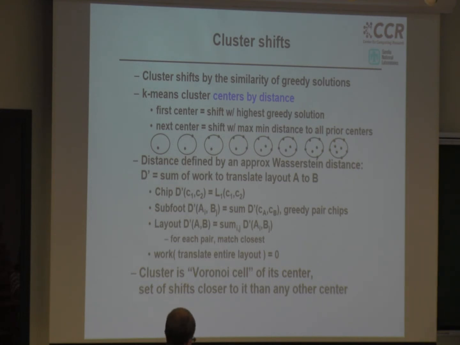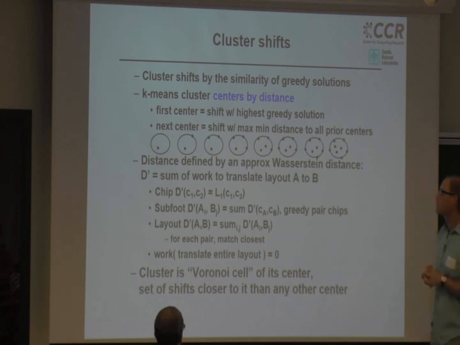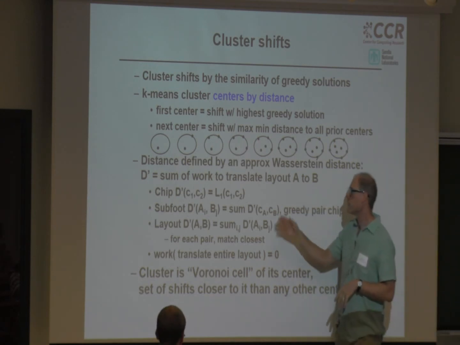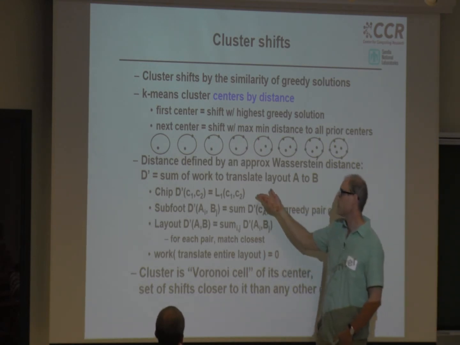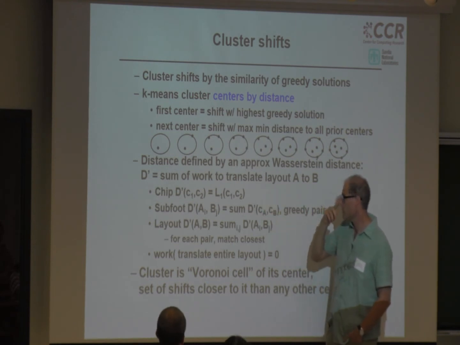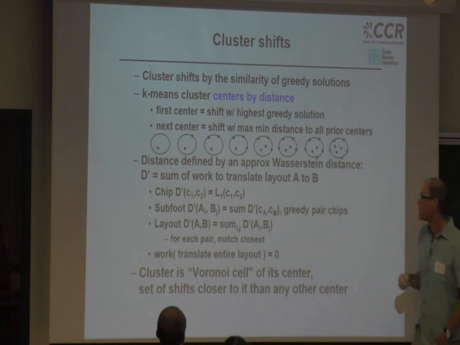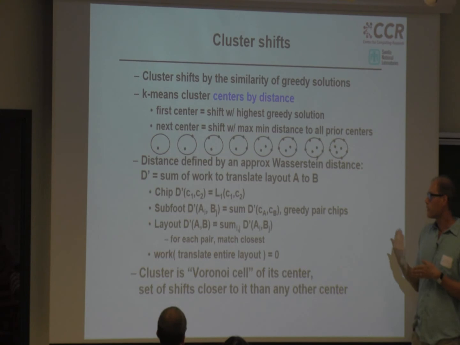So we define a kind of Wasserstein distance. I'm going to build it up from the bottom up. The distance between 2 individual chips is just their L1 distance in this rectangular grid. The difference between 2 subfootprint rectangles is just going to be the sum of their chip distances.